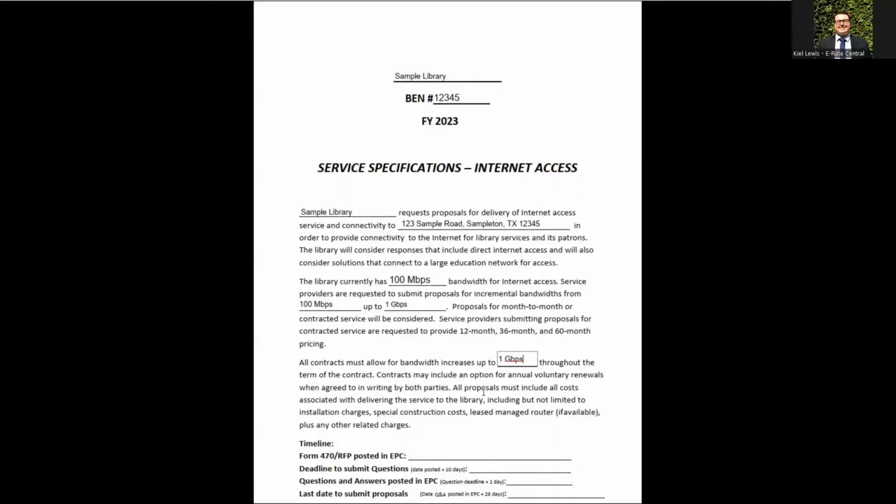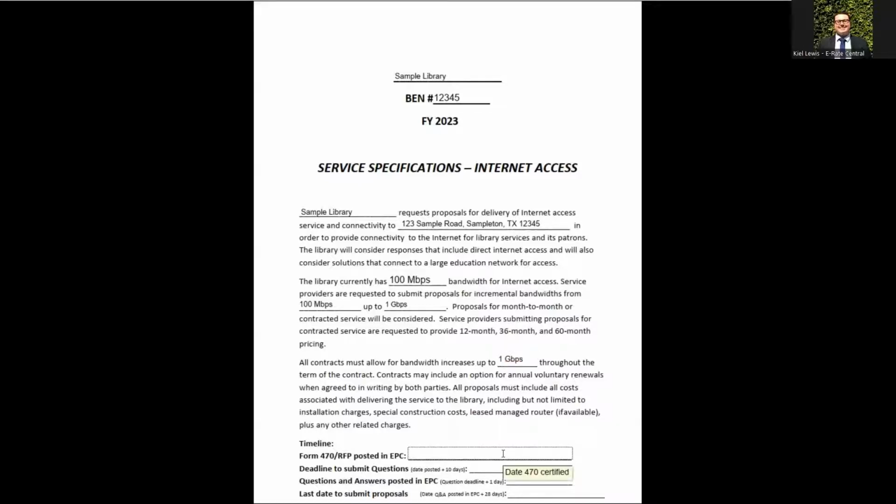This paragraph also requests that all costs associated with delivering the service to the library, including installation charges, special construction charges, lease manager routing charges, and any other related charges, be included in the proposals.